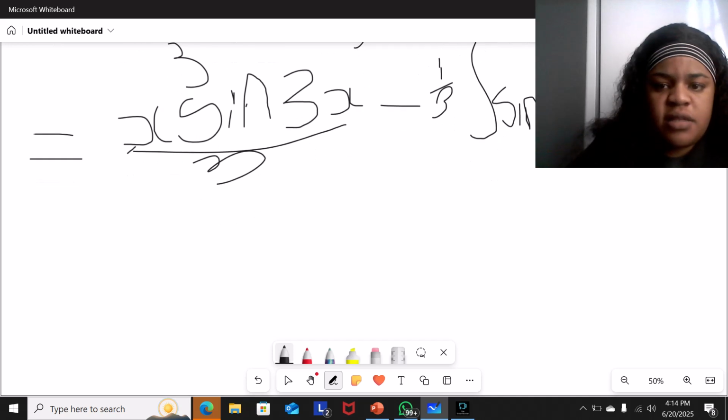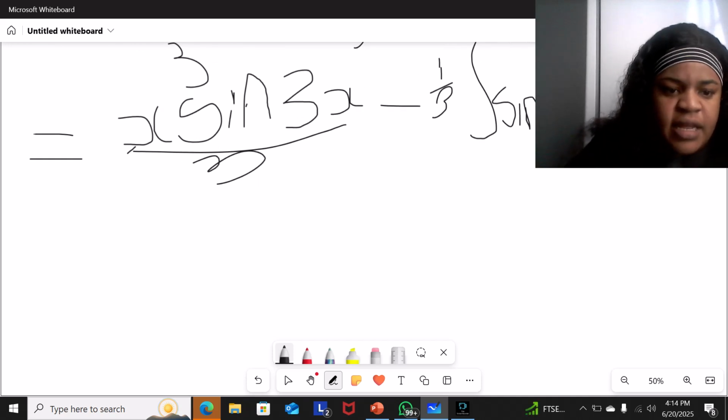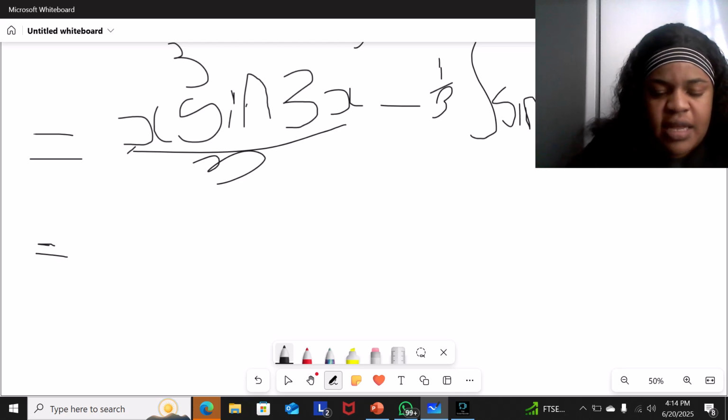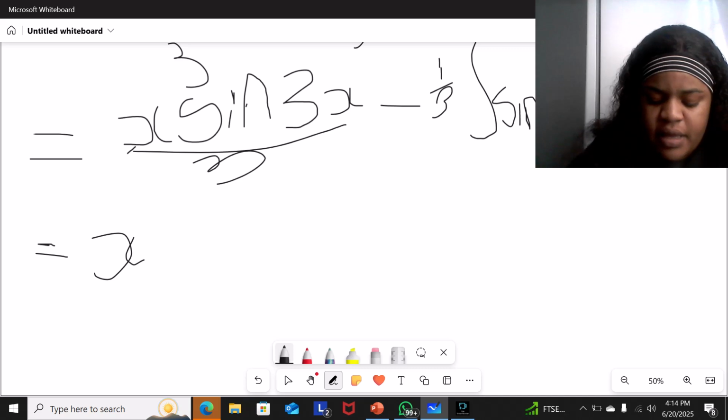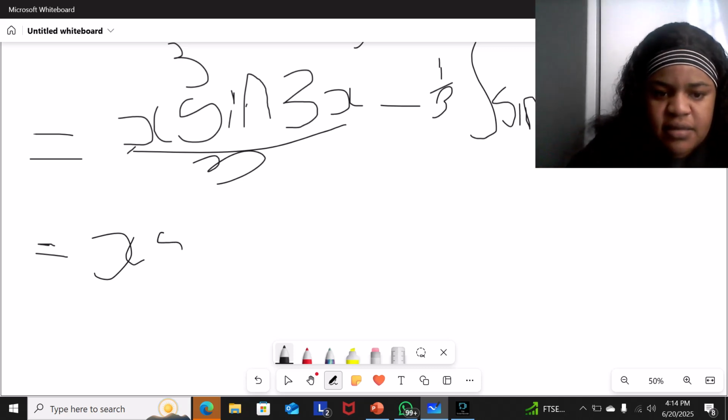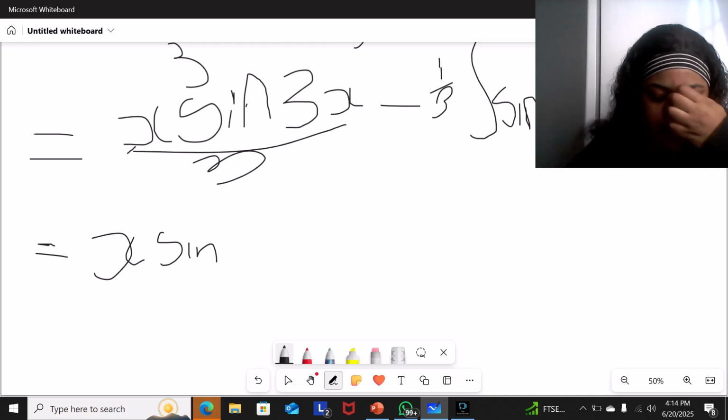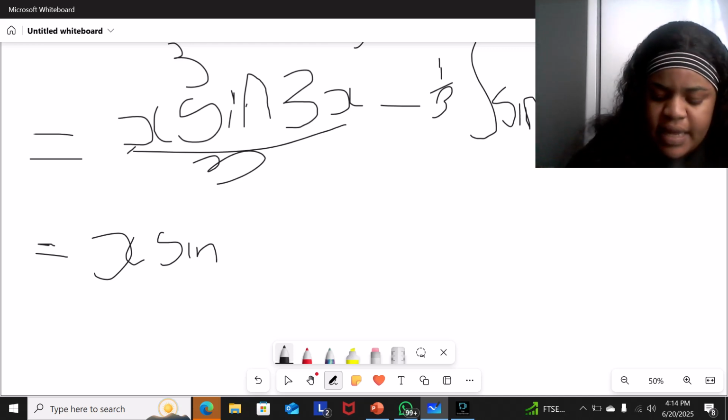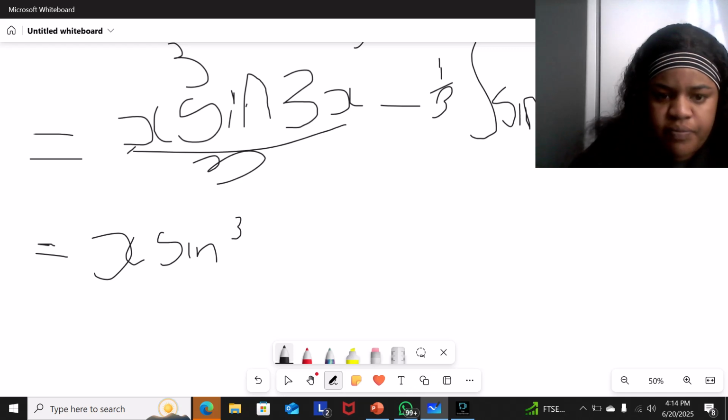and then we continue. We are still solving, we're not done. Then this one is going to give us equals to x sine 3x. This is too small. I want to erase here.